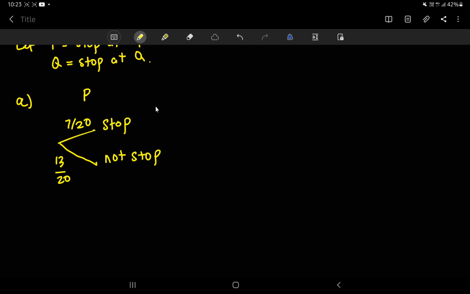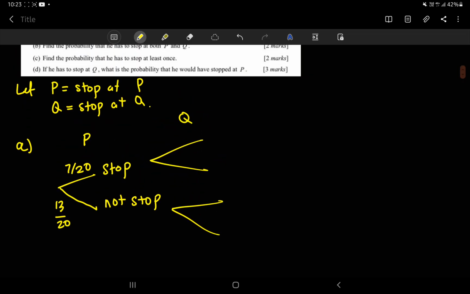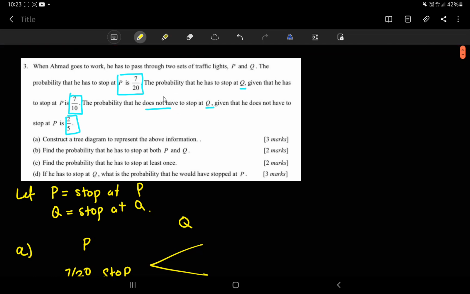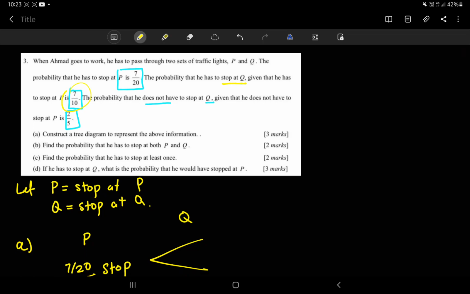For Q, we need to draw two branches like this and like that. So this is for the case of Q. From the question, stop at Q, given that he stopped at P, is 7/10.